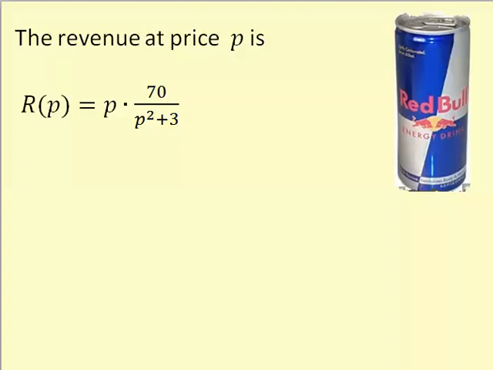So price times demand, and I take the price and just put it up in the numerator. So I have 70 times the price all over the price squared plus 3. And that is the revenue at price P.